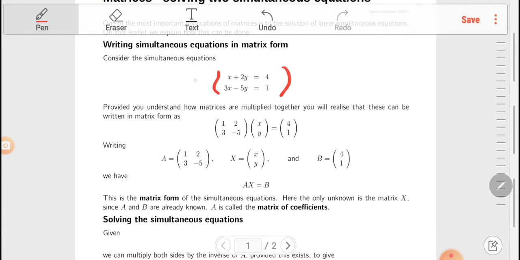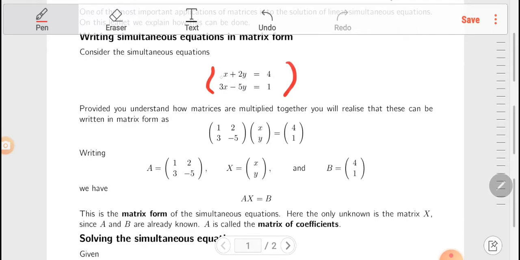We first write all the coefficients of this system in one matrix. The coefficients here are 1 for x, 2, 3, negative 5. So we write a matrix containing all the coefficients of this system.